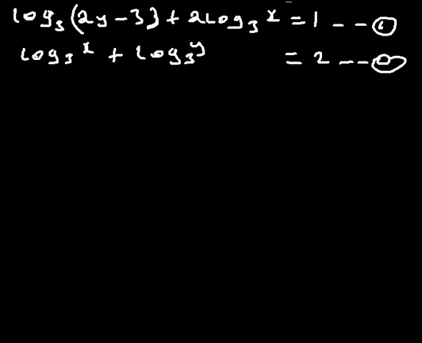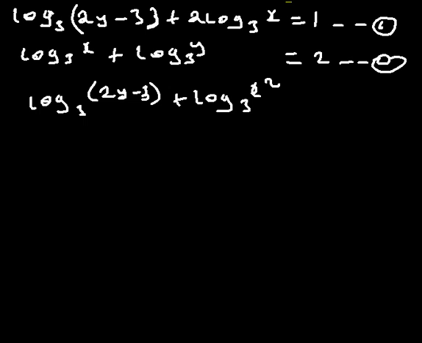We'll have log base 3 of (2y minus 3), plus log base 3 of x squared, since this coefficient has to be brought up as a power, which is equal to log base 3 of 3.